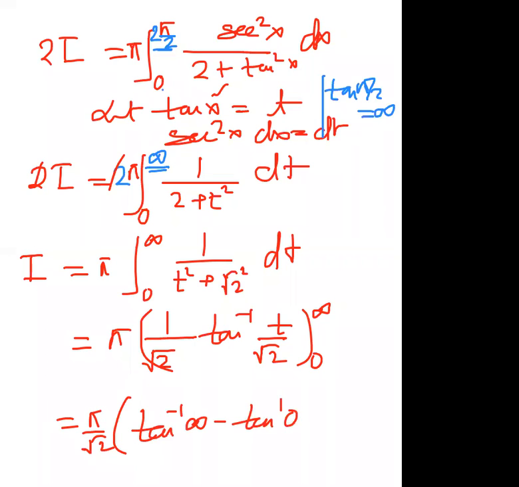Tan inverse 0 will be 0 and tan inverse infinity will be pi by 2. So it becomes pi square by 2 root 2. This is the value of the integral. So it's really a wonderful question. I suppose you will be able to do this.